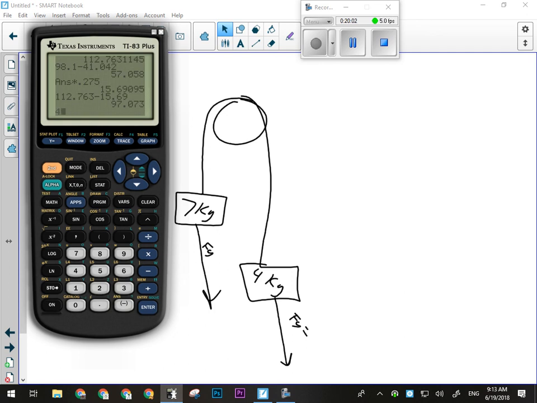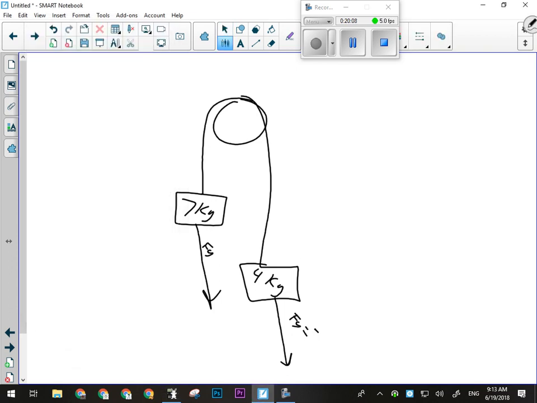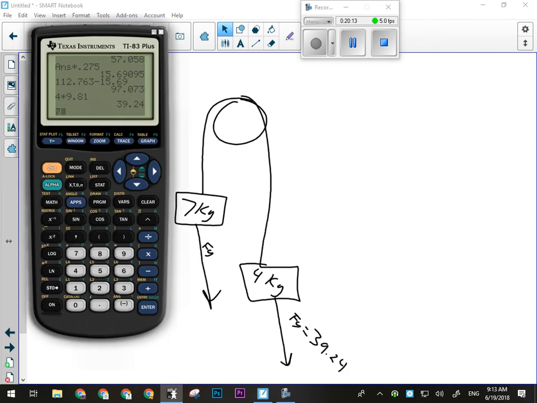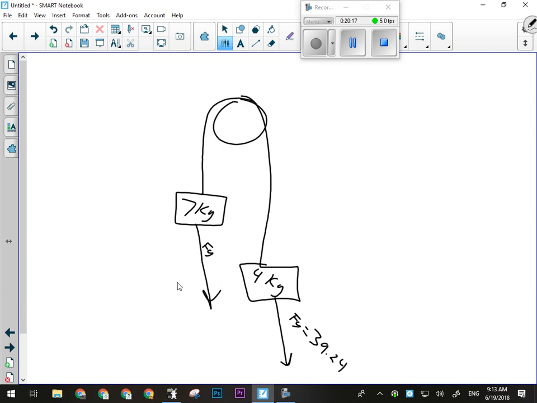Okay, so we got 4 times 9.81, so 39.24. And then we got 7 times 9.81, so 68.67. All right, so now that I know those two forces, I essentially want to simplify this to look like this.